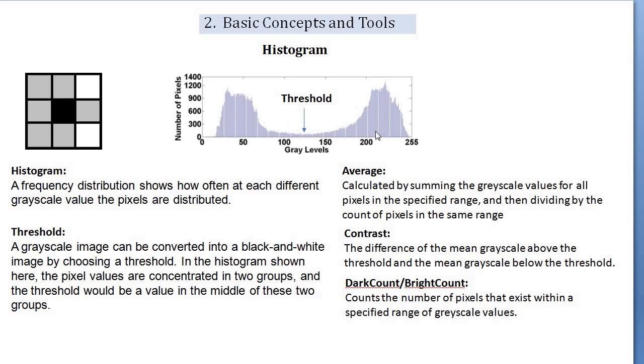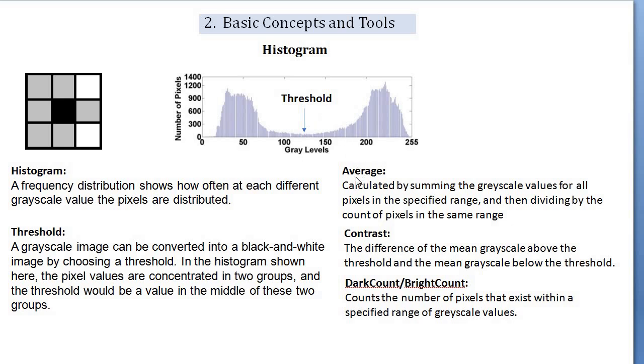So we can divide them into 2 groups by assuming a value which is called a threshold. Anything brighter than the threshold is considered to be white. Anything darker than the threshold is considered to be black. So an image can actually be converted into black and white by assuming a threshold.